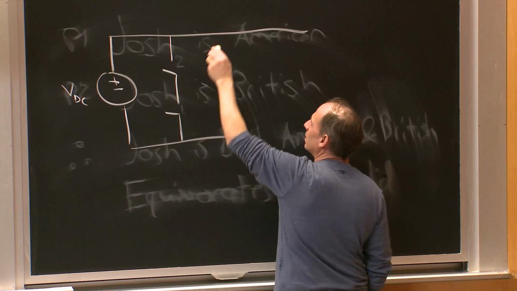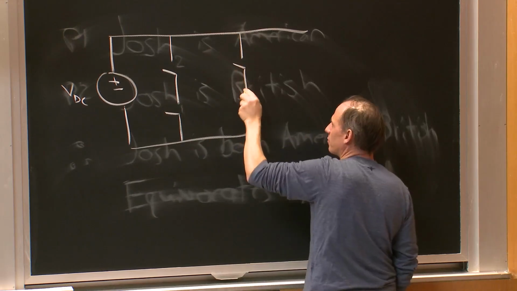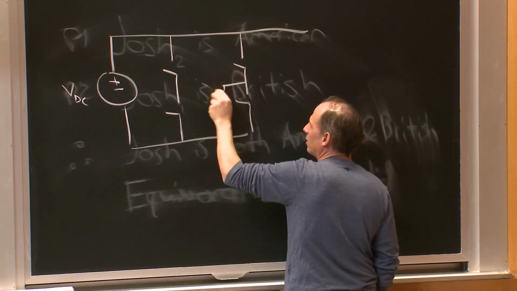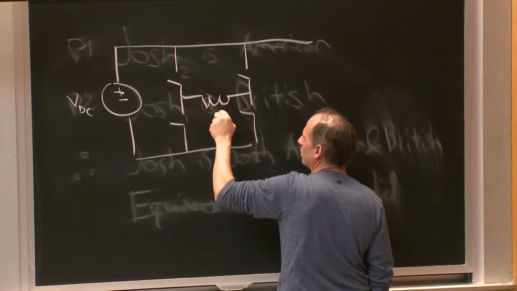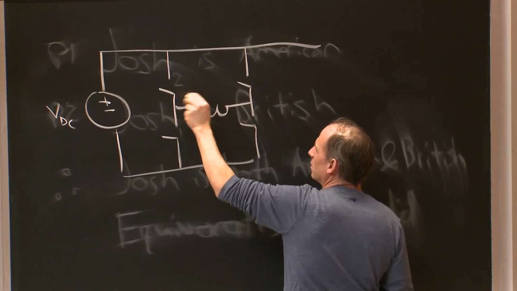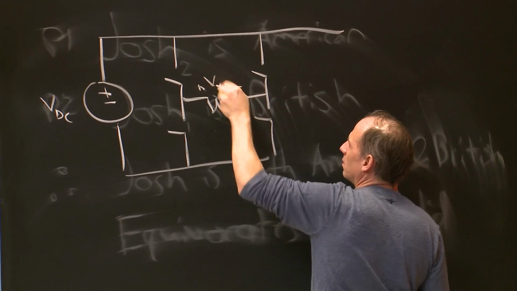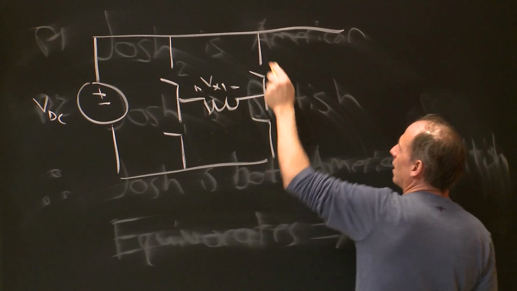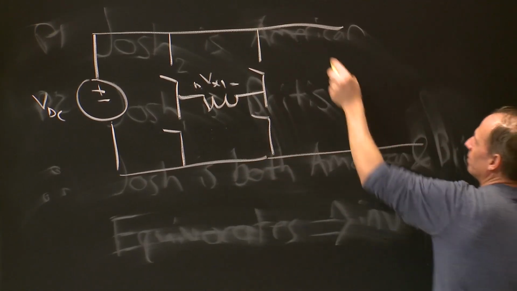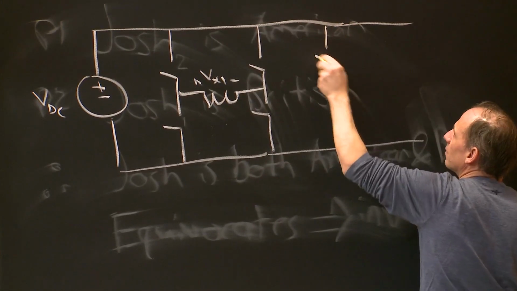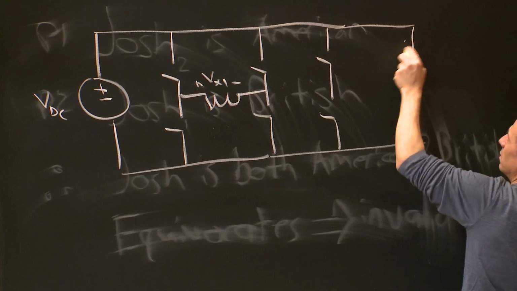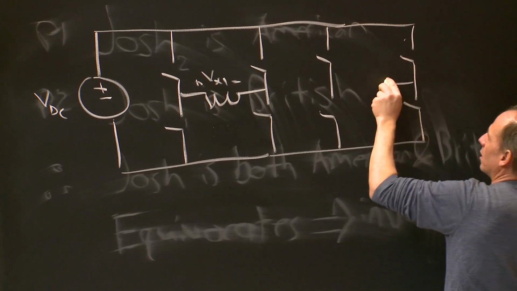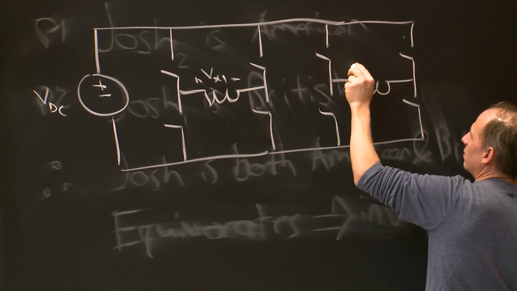Here's a first inverter, and I'll give it an output voltage, Vx1. Now let me build a second inverter, 4 switches, and I'm going to give it an output that's Vx2.